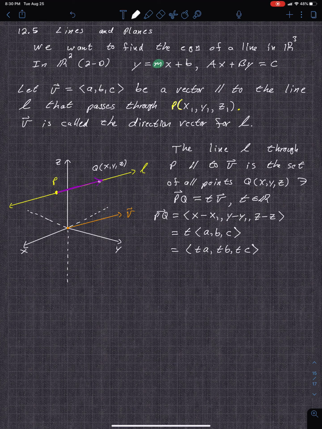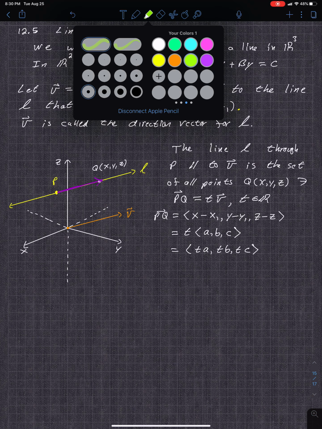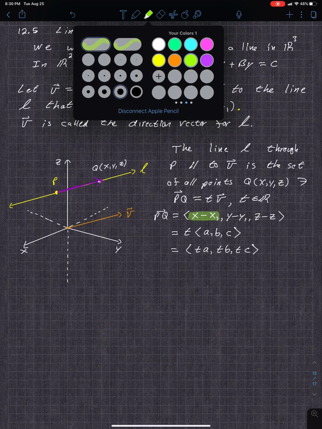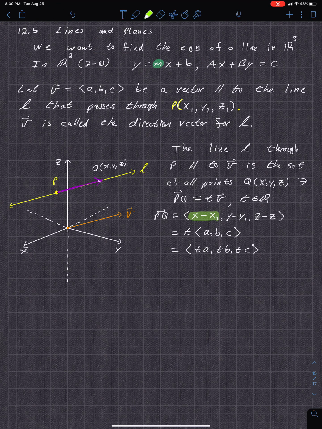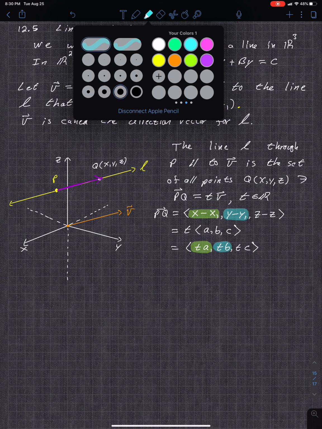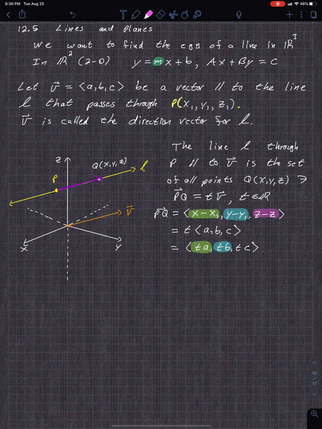So now we just equate components, and you have that x minus x1 is equal to ta, and then we have y minus y1 is tb, and then we have z minus z1 is tc.